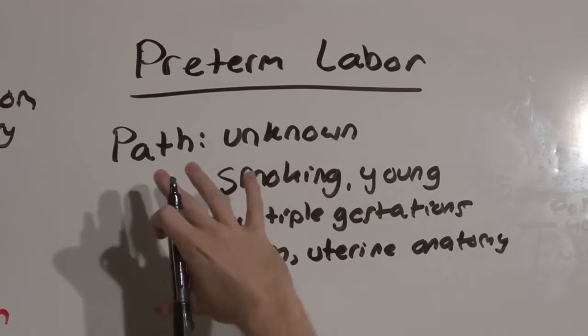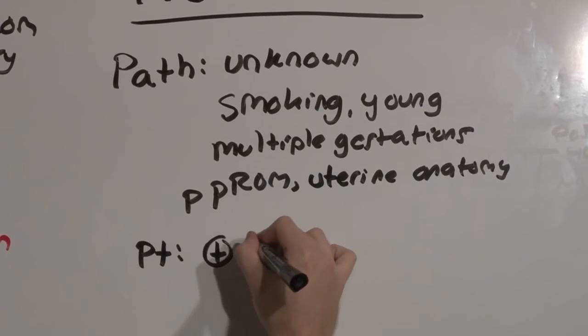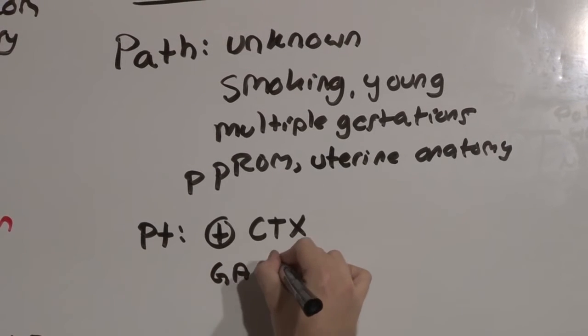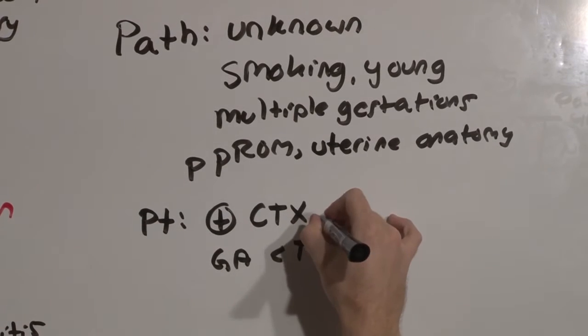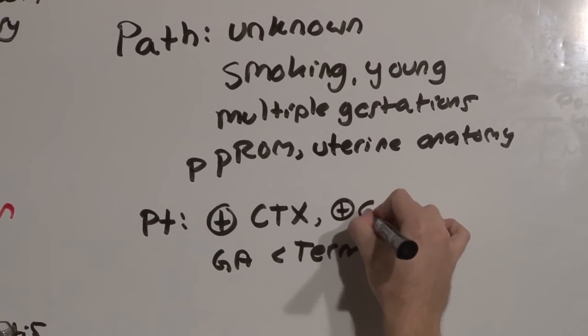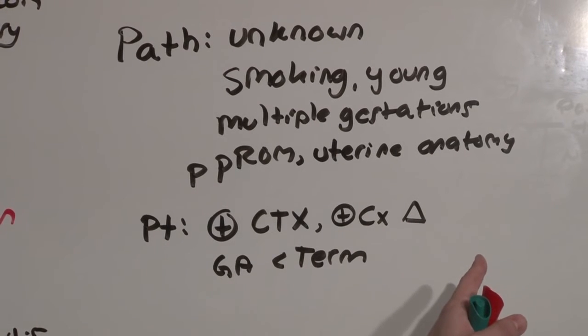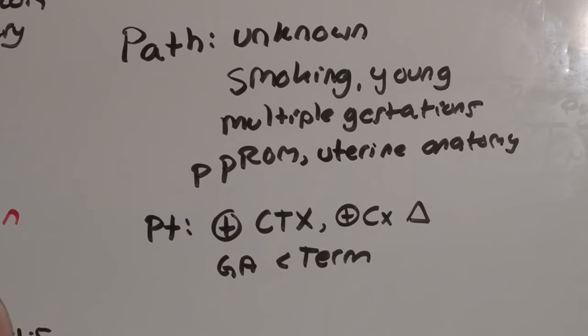For whatever reason that she goes into labor, mom is going to begin having contractions, but baby is at a gestational age less than term. And that is the definition. She'll have contractions and she'll have cervical change. That's saying she's going into labor, but baby's not ready. That is essentially the definition.